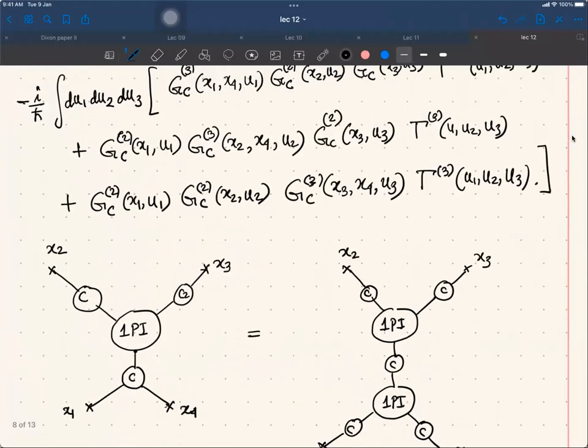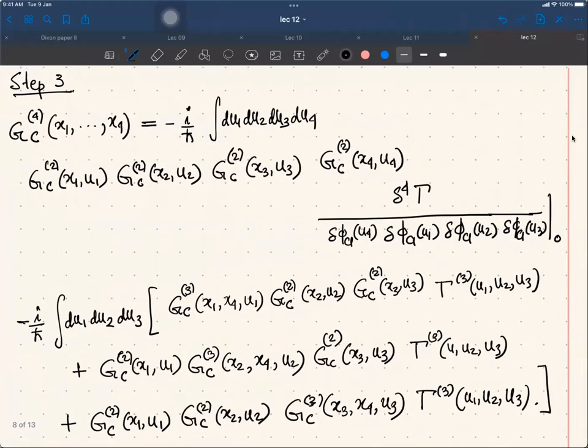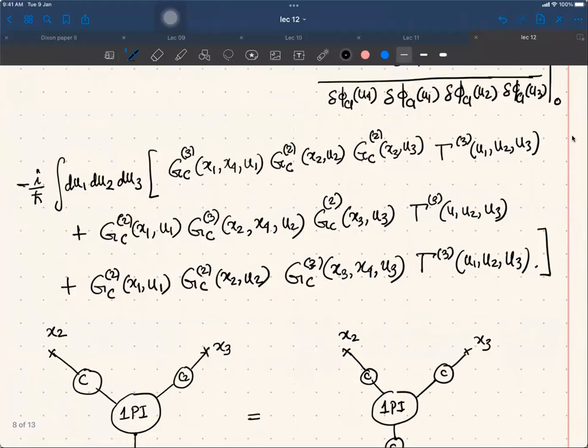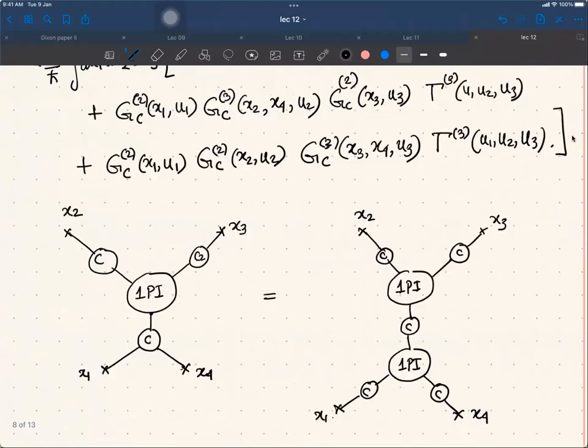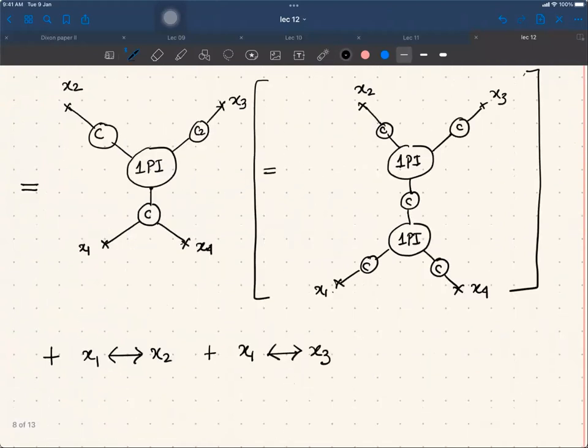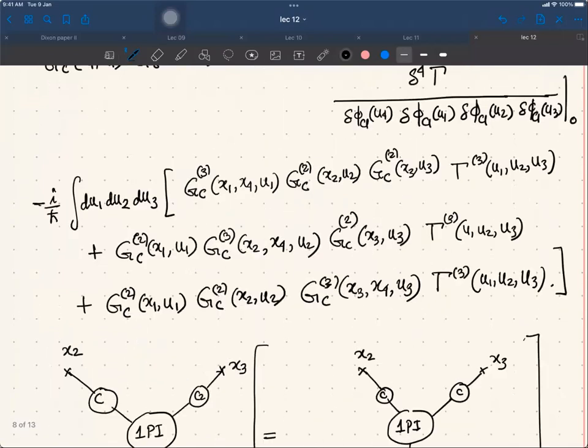So then since we already know that result, we know that diagrammatically, so let me see here. This is equal to this diagram, which is same as this diagram, plus these two diagrams, and then plus the first term.